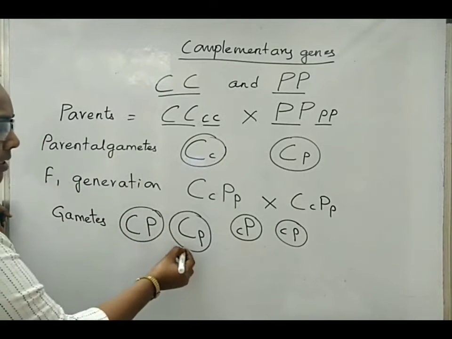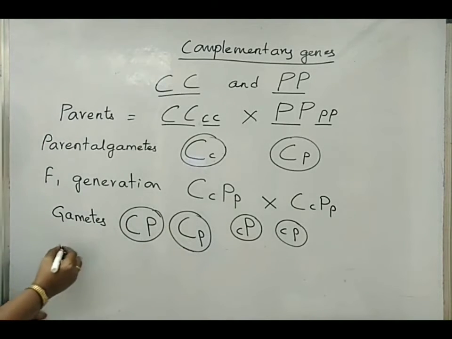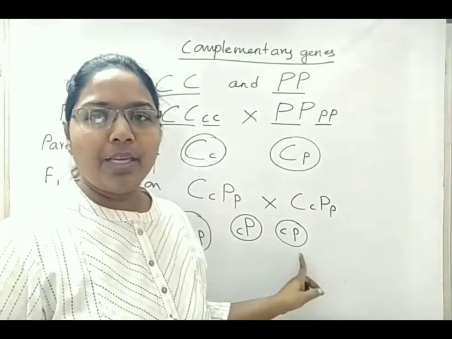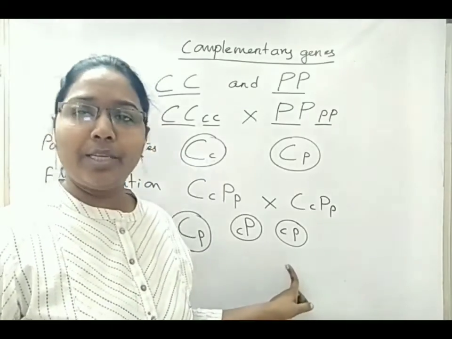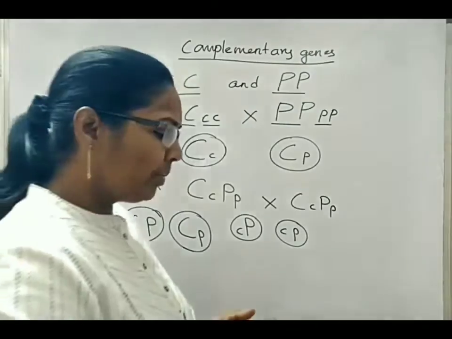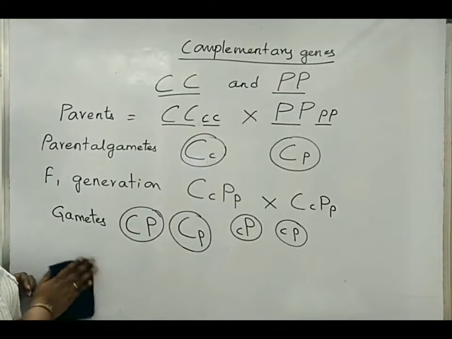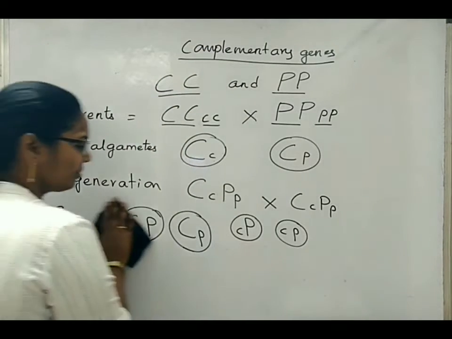Here also heterozygous alleles. Now, if we cross the F1 generation among each other, we will express this in the form of a Punnett square again, and we will see how many types and what the ratios of flowers are that we are getting from this type of cross.